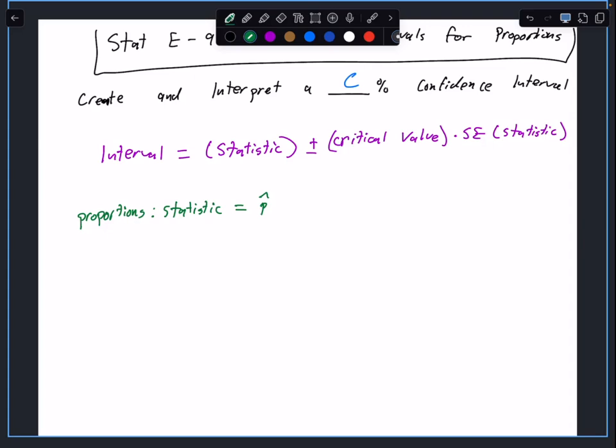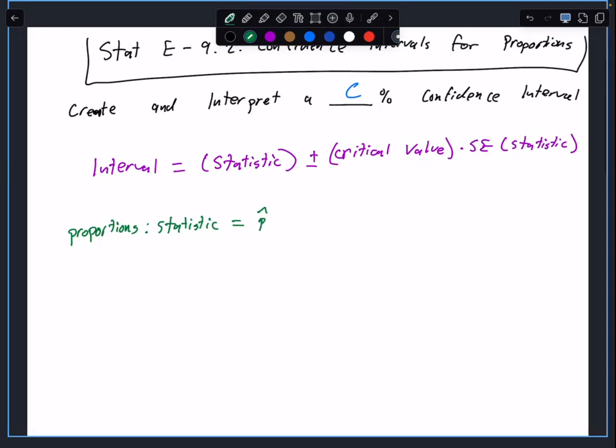It is the only type of statistic that we're going to have time for in this course. We could also work with other statistics, but the only statistic that we're going to work on from here on out is p hat, the sample statistic. And we can calculate p hat as the number of observed successes over n.